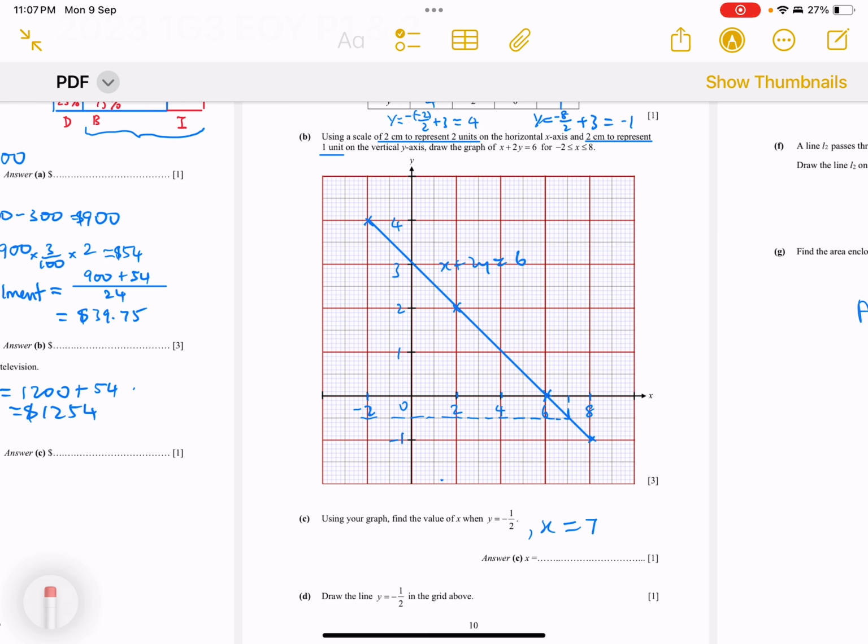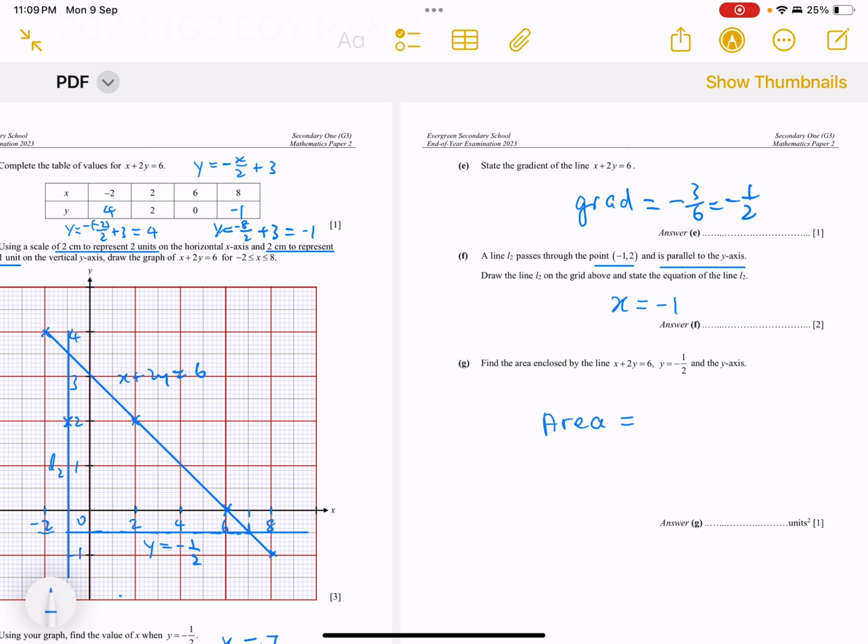Right, that is the line. And this line is L2. Draw L2 and state the equation. Now, vertical line equation is x equal negative 1. Right? The point it is passing through, x is negative 1. So this is the equation of the line.